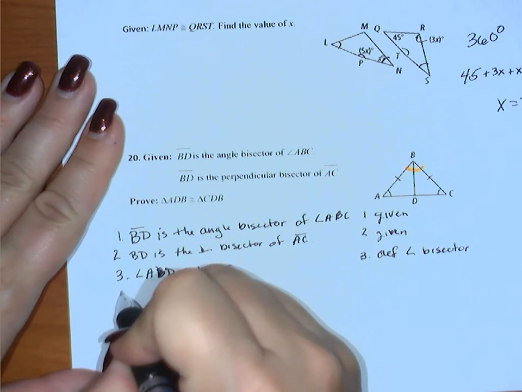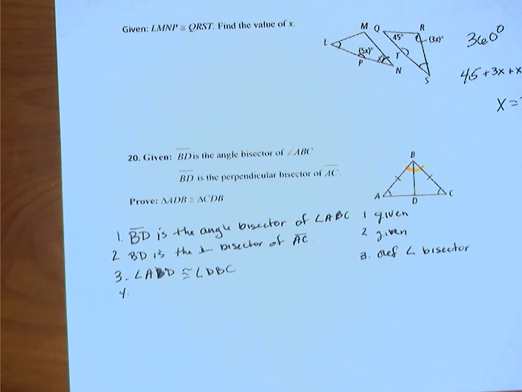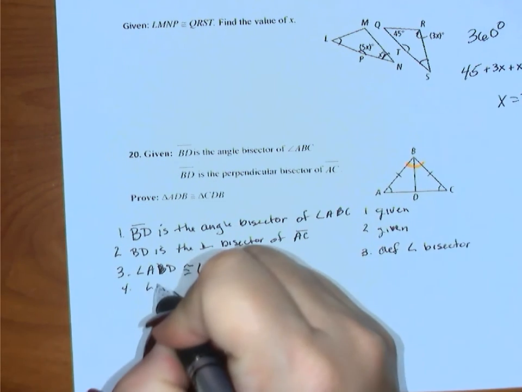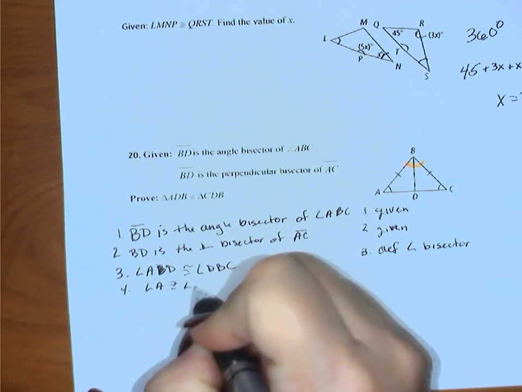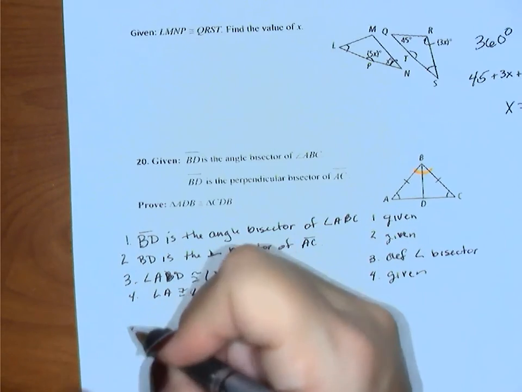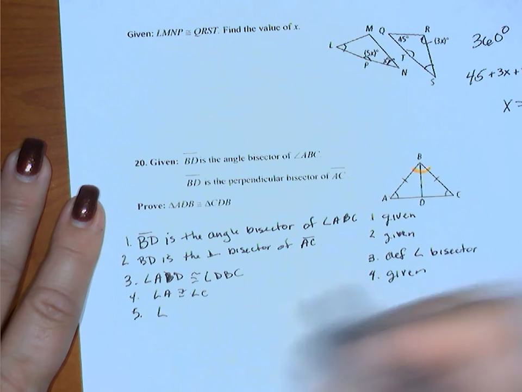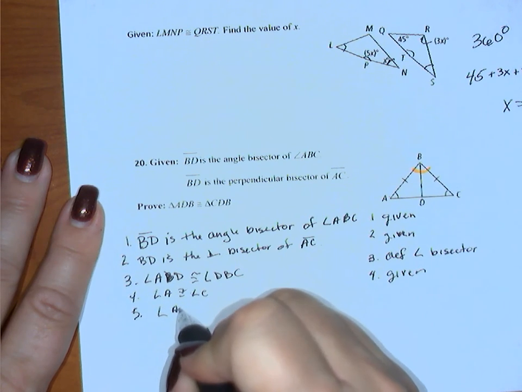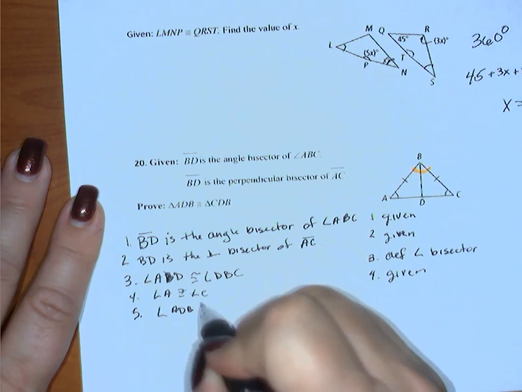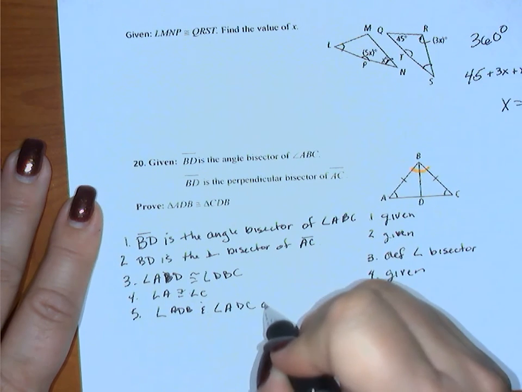Then step 4, I'm going to say that angle A is equal to angle C. Why can I say that? I'm sorry, congruent. I can say that because it's given in my picture. Then number 5, I'm going to say that angle ADB and angle ADC are right angles.